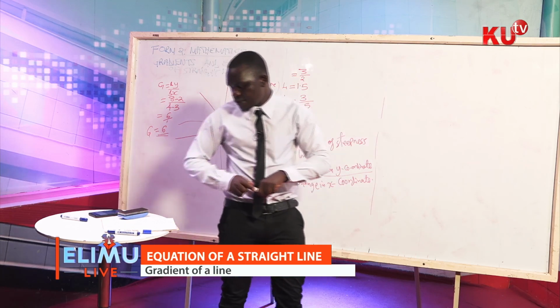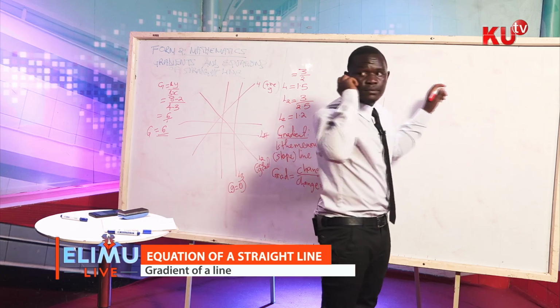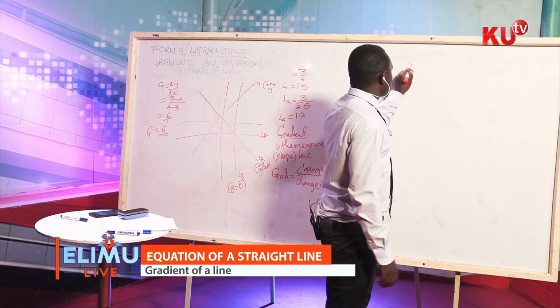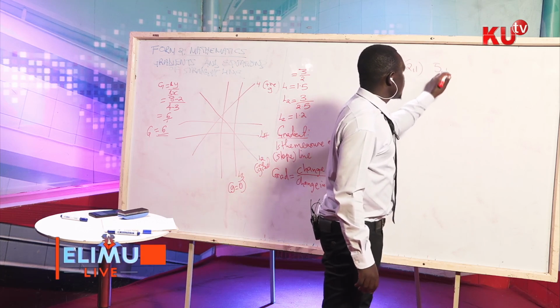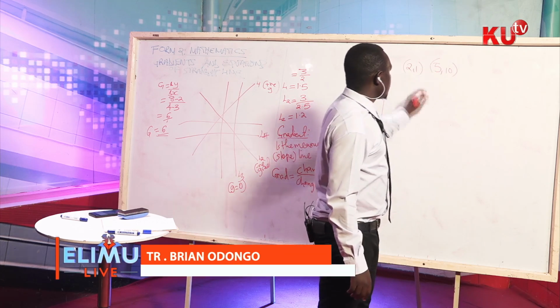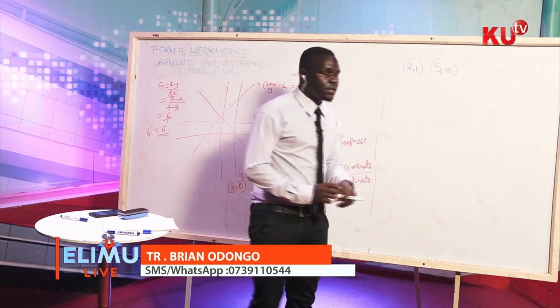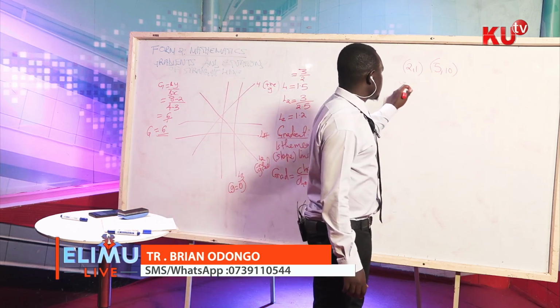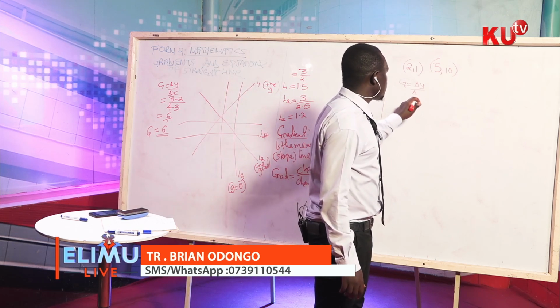So we have the points (2, 1) and (5, 10). The first point on that line is (2, 1). The next point is (5, 10). And you are supposed to get the gradient of that line. You simply say gradient equals change in y over change in x.